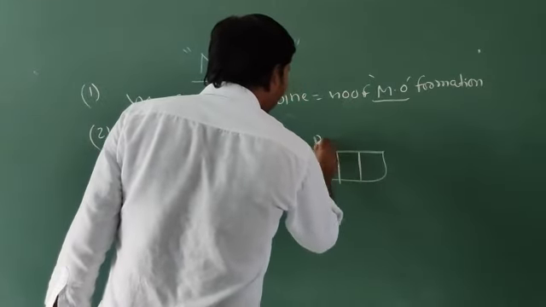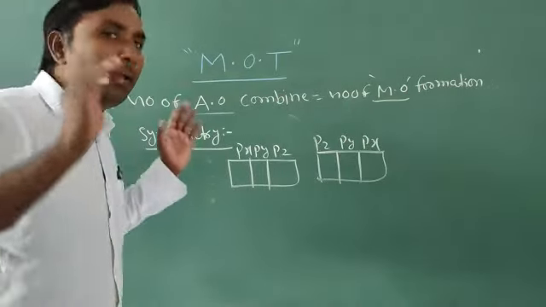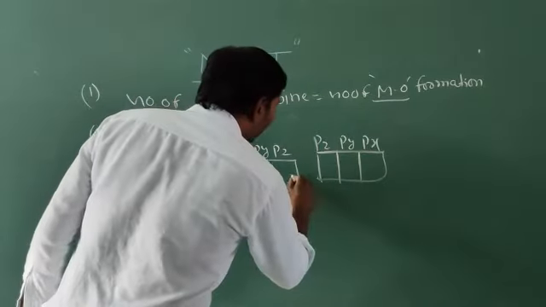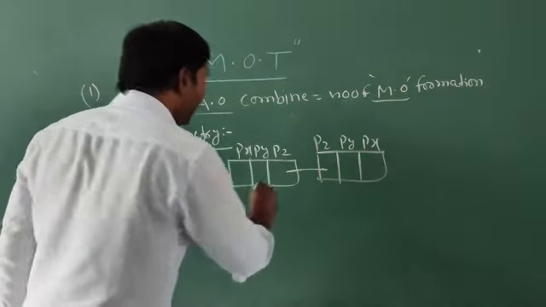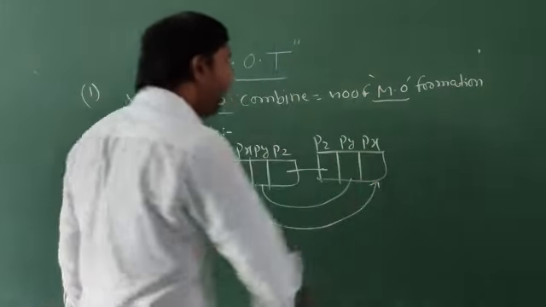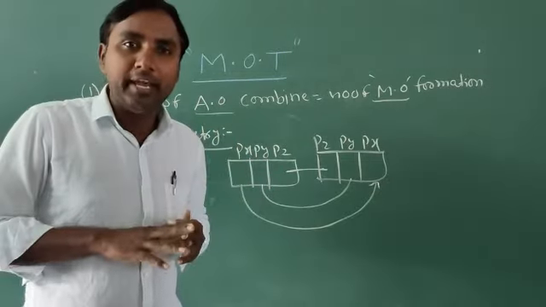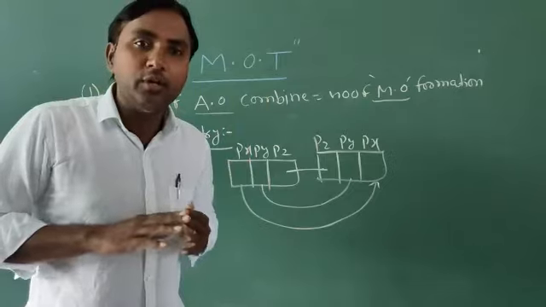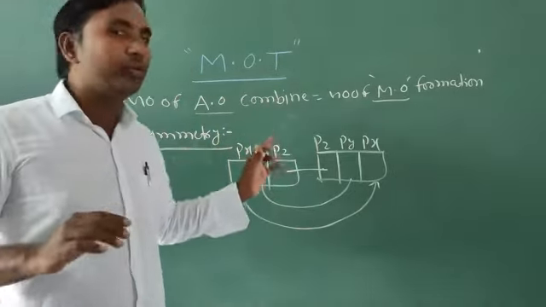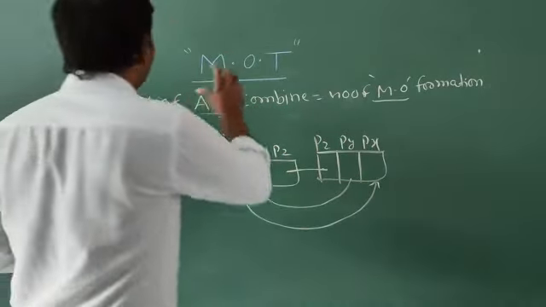Whenever P orbitals overlap, Pz only overlaps with Pz, Py only with Py, Px only with Px. Pz never overlaps with Px. So it should follow symmetry. These are the conditions for MOT.